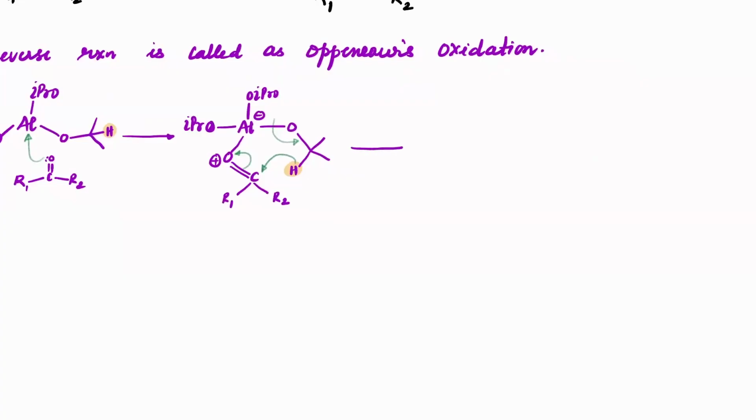So by which you will see isopropoxy connected with aluminium, another isopropoxy, another isopropoxy. Here it is connected with oxygen, with C, hydrogen, and R1 and R2, and this has departed as ketone. Correct? This has departed as ketone.